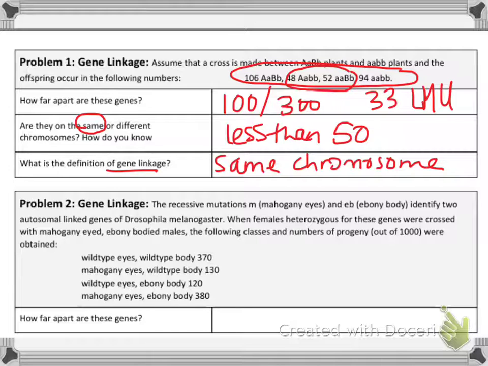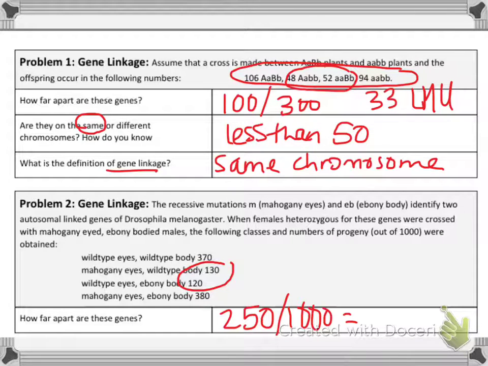So then for gene linkage problem 2, we have our fruit flies, and again, how far apart are these? You're going to take the smaller numbers and add them together, so 120 plus 130 gives me 250. Oops, that's supposed to be 50. And then I'm going to divide it by the total, so I'll take 370 plus 380 plus 130 plus 120, which gives me 1,000.